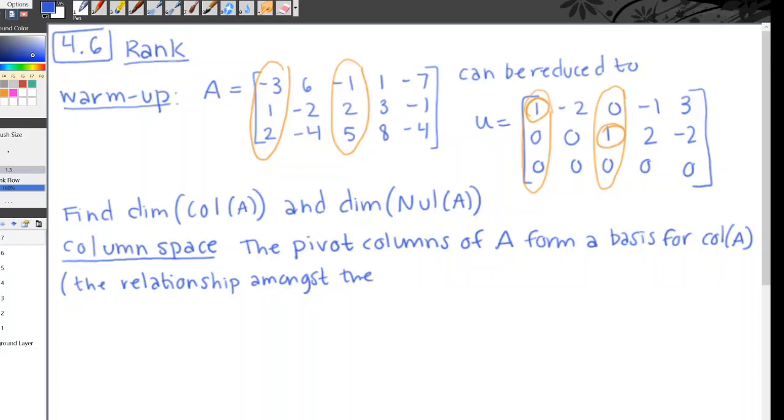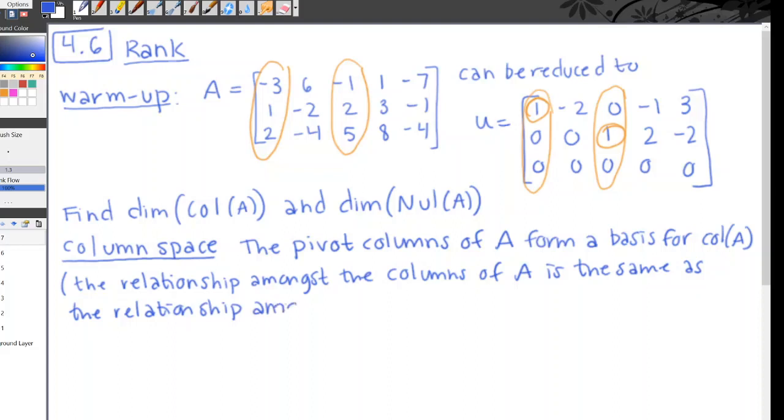The relationship amongst the columns of A is the same as the relationship amongst the columns of U.